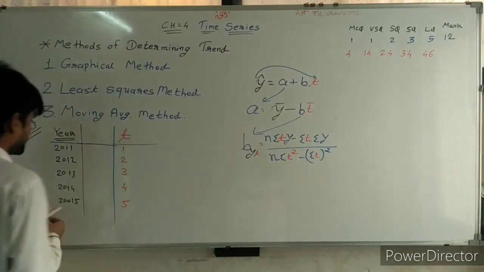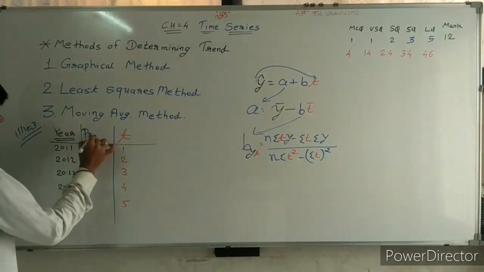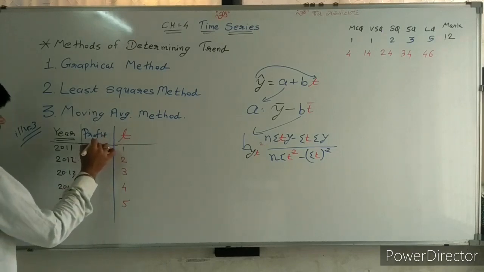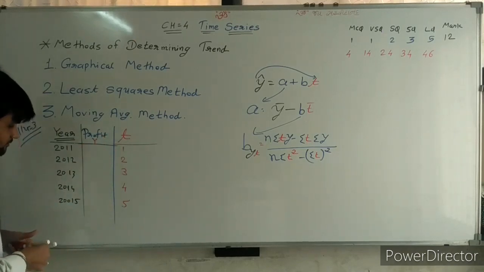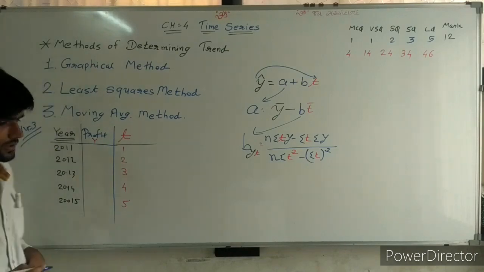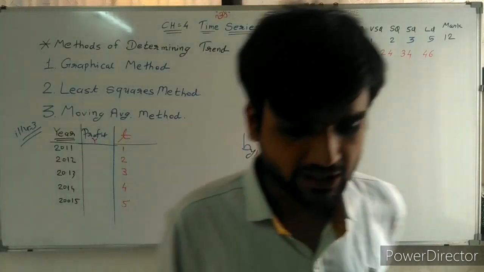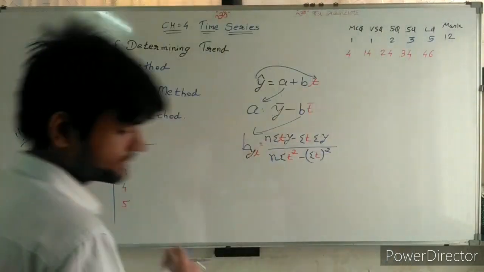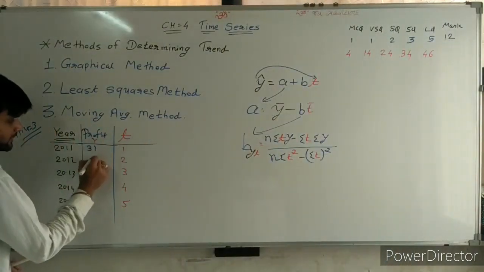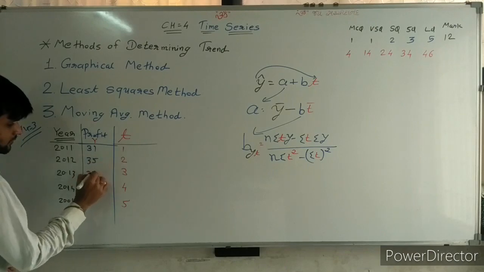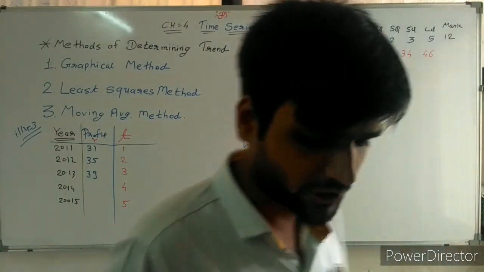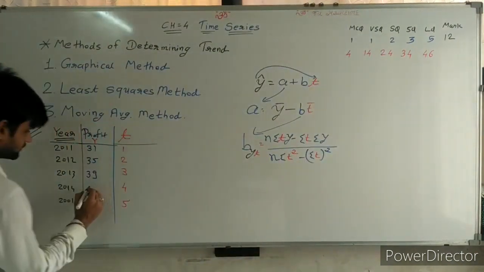That profit is called Y. The profit is given in lakhs: 31, 35, 39, 41, 44.